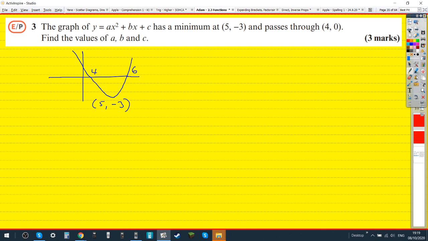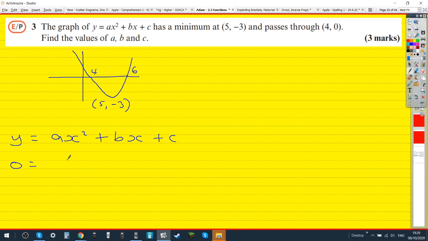Would it be 4 squared? Yep. 4 squared, add 4. Hang on. So what is y when x is 4? 0. Yeah. Okay.